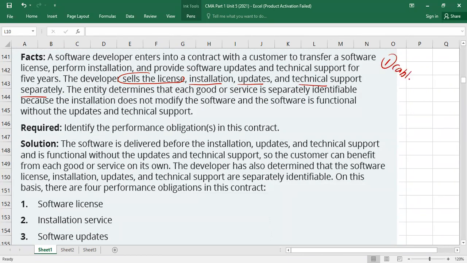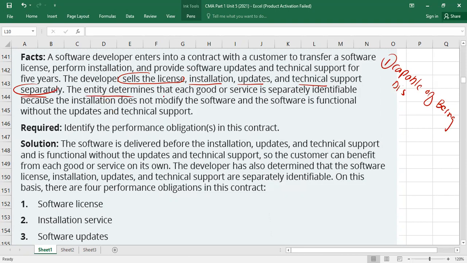It means the first point is there. These are capable of being distinct because he can sell them separately. Second, the entity determines.